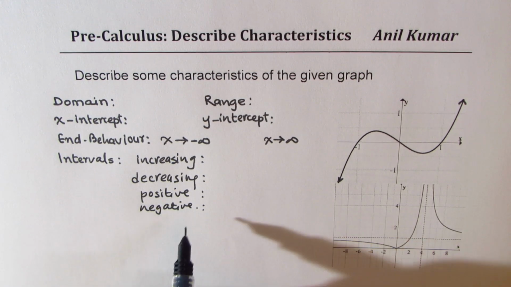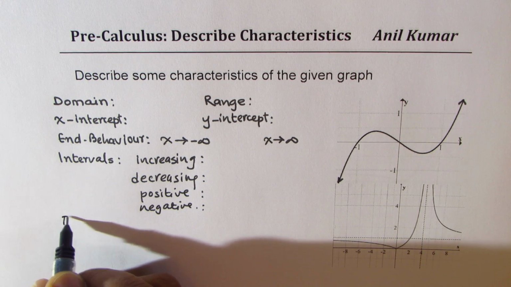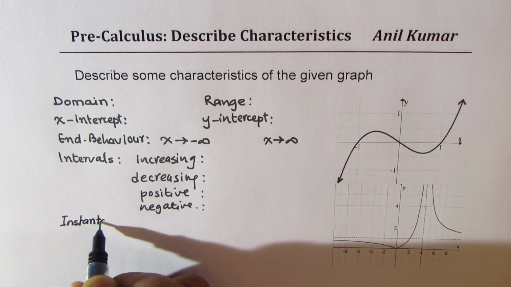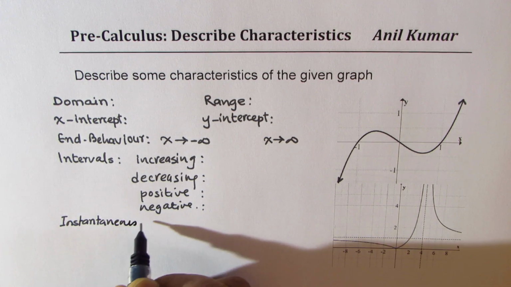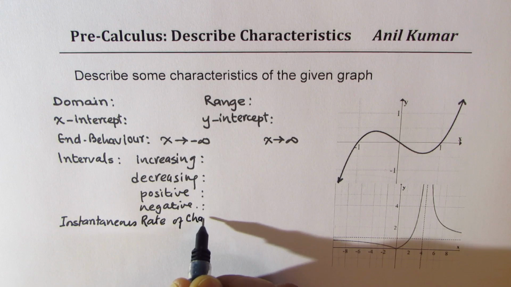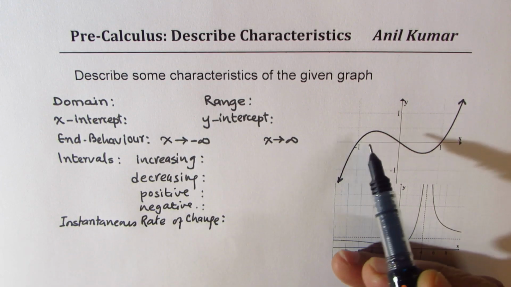At times, we will be interested in rate of change also. So we normally say instantaneous rate of change. That is the slope at any point, right?